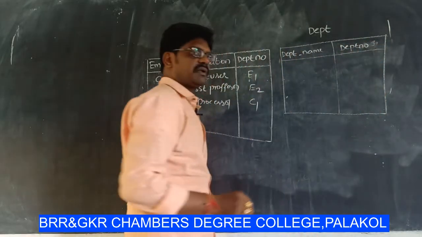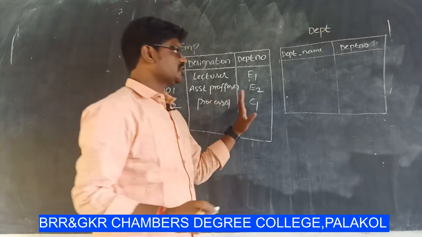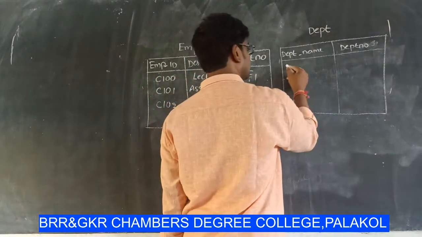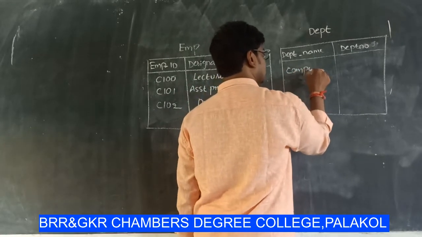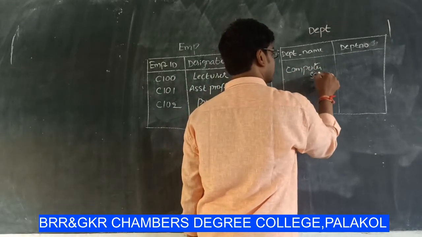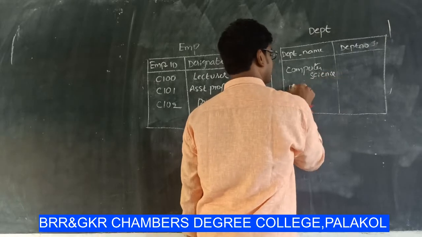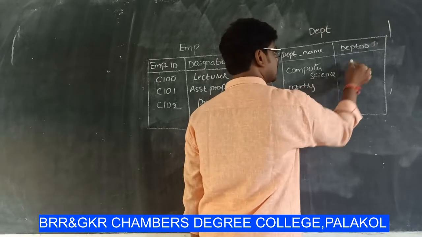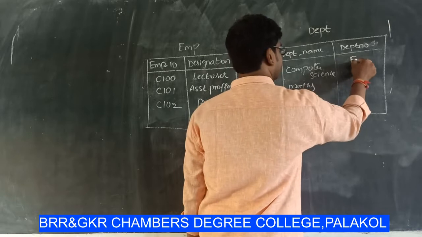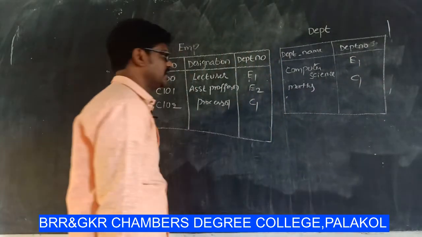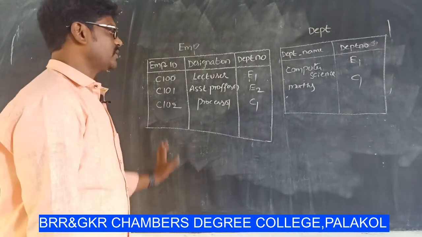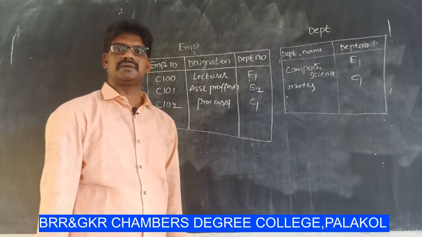Now we have to perform the natural join. The departments are the computer science department and the maths department, with department numbers E1 and C1. How can we perform the join operation here?